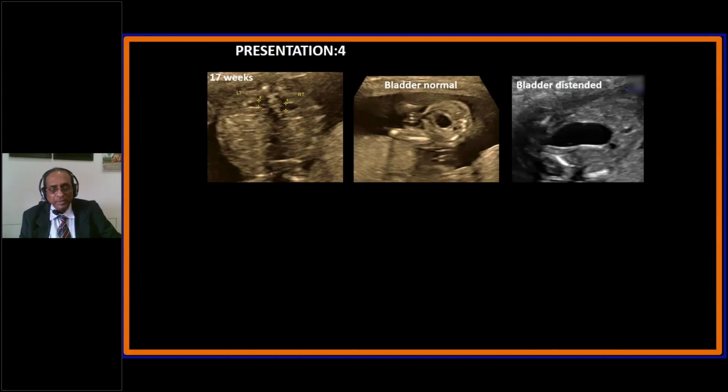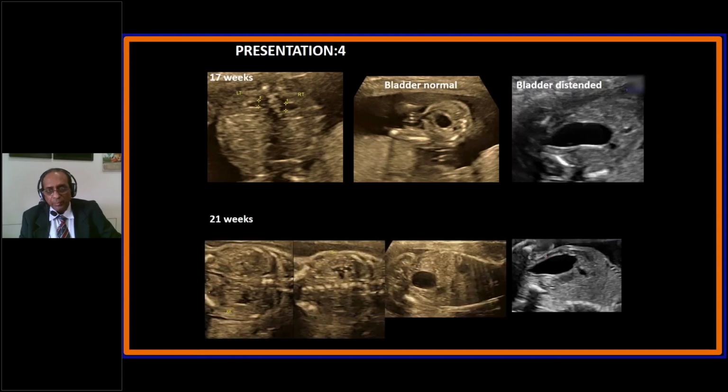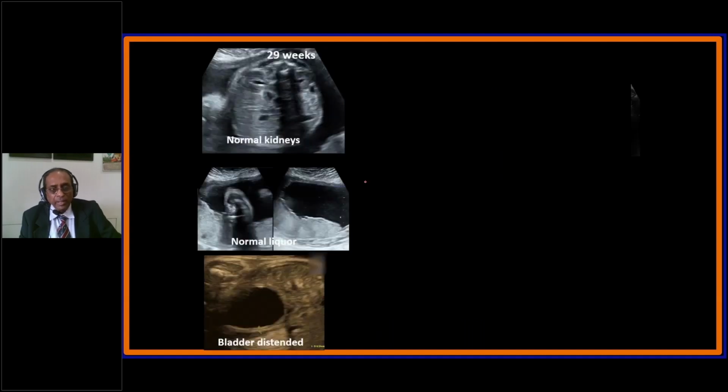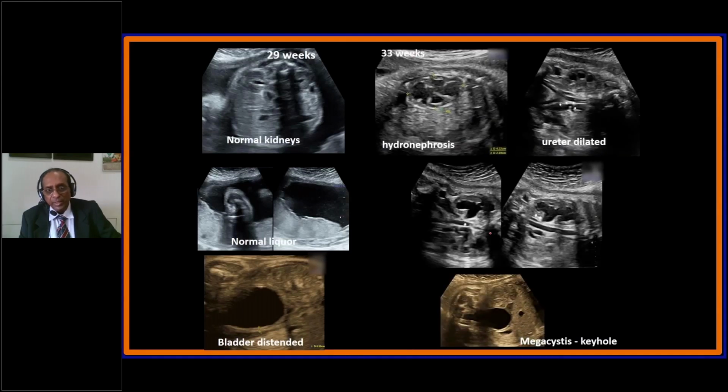Now the next presentation: at 17 weeks this patient looks absolutely normal, and then at about 20 to 21 weeks the bladder becomes distended. The kidneys are still normal, the upper tracts are not dilated, and at 29 weeks the kidneys still appear normal. The bladder alone is distended, but at 33 weeks you can see bilateral hydronephrosis and the ureters are dilated, and a keyhole sign is also seen.